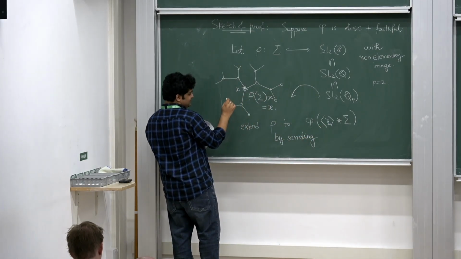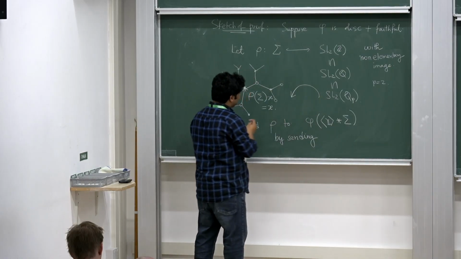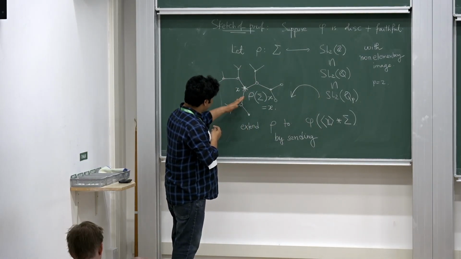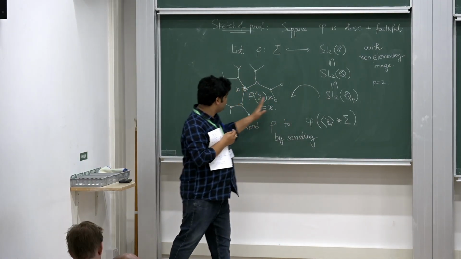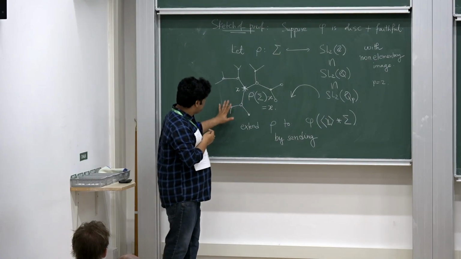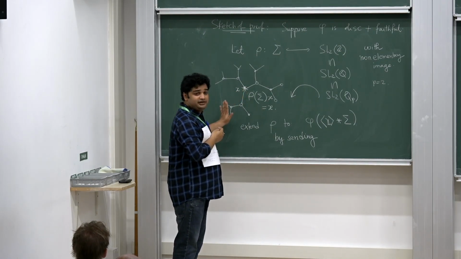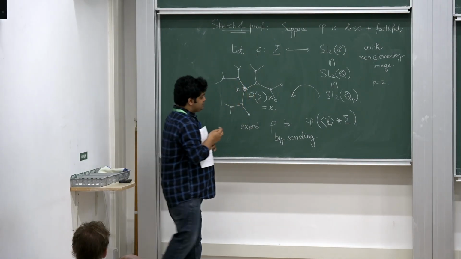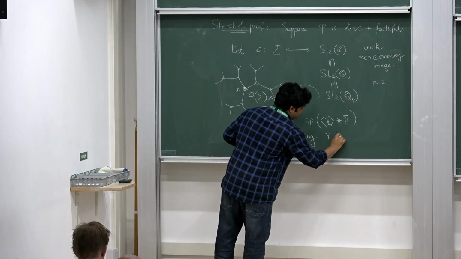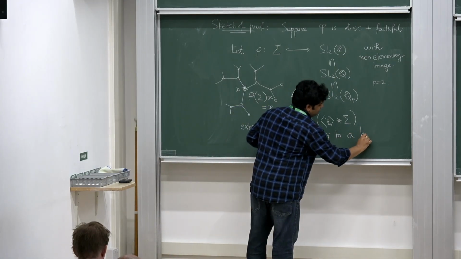So we'll pick a specific element here. So you want to find a hyperbolic element in this group. This element will act on the tree. It will have an axis, and it will translate along that axis. So by sending gamma to a hyperbolic element.